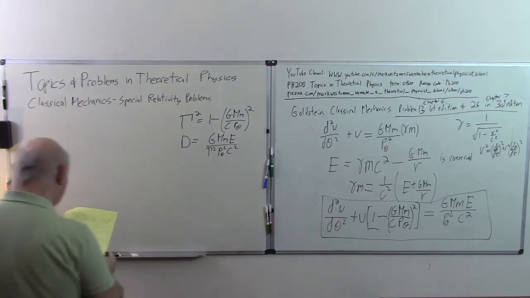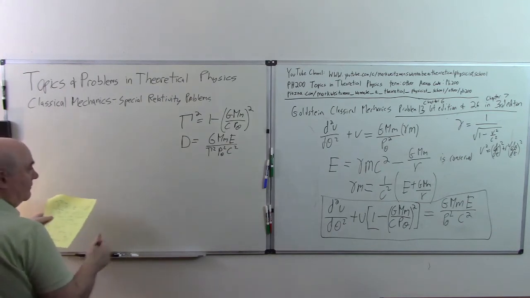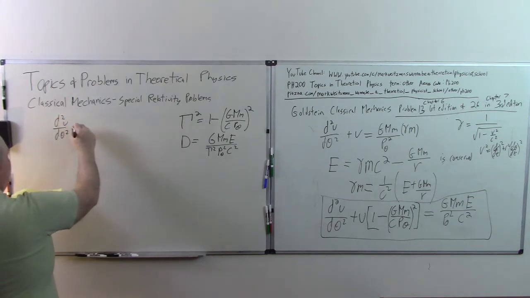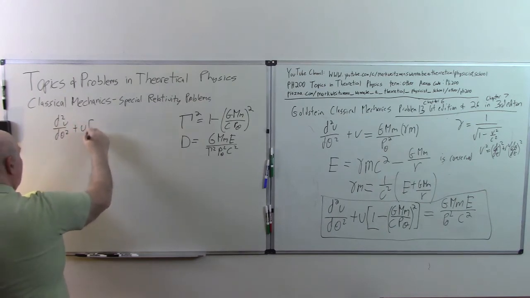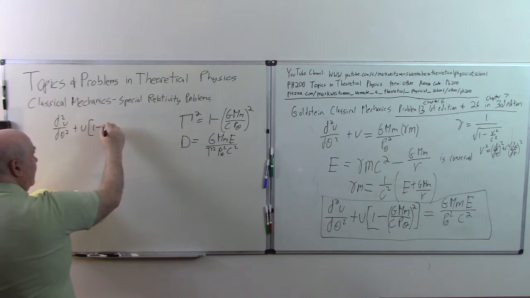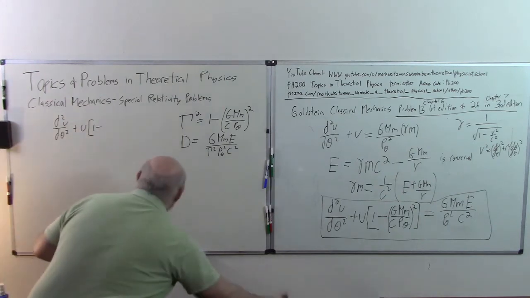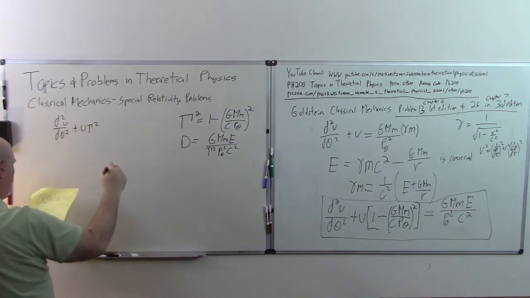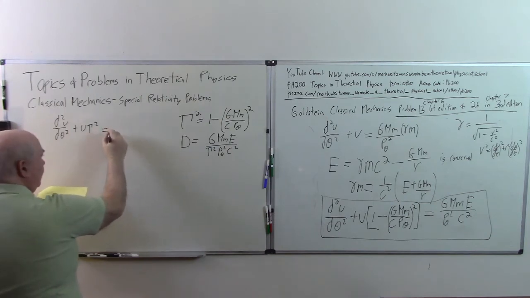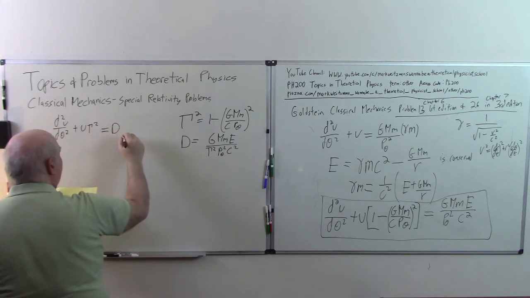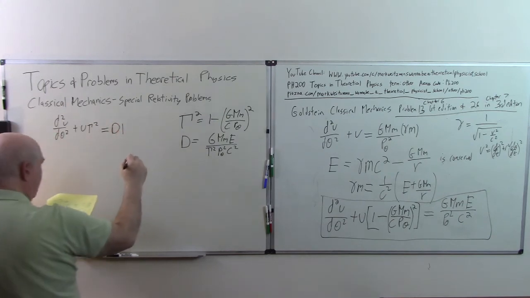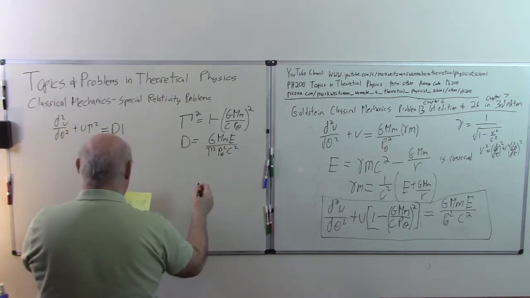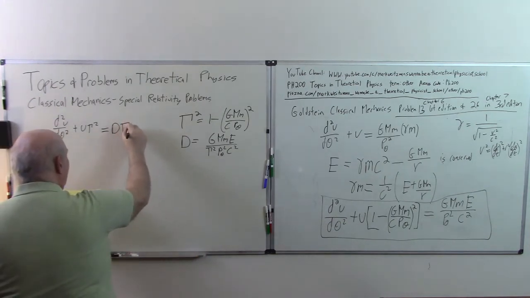So the equation we're trying to solve is just d2u d theta 2 plus u times 1 minus u Gamma squared is equal to G M m, okay, is equal to D Gamma squared.